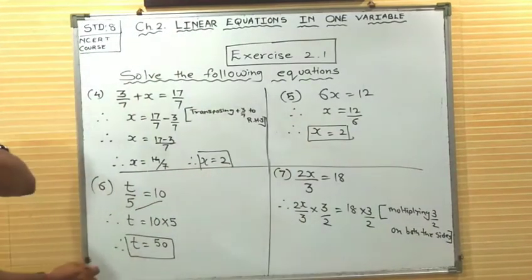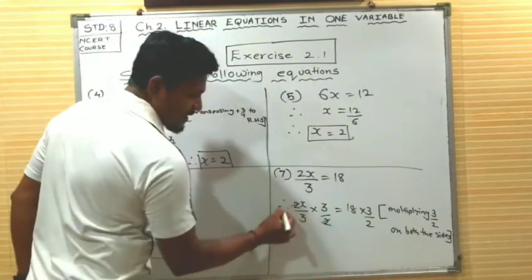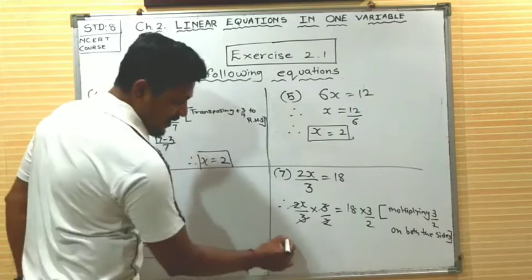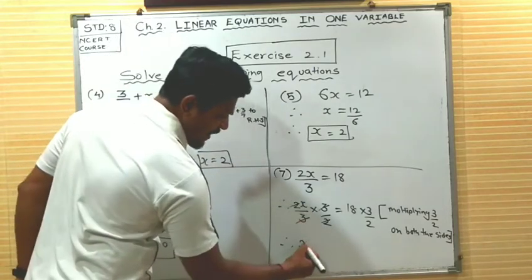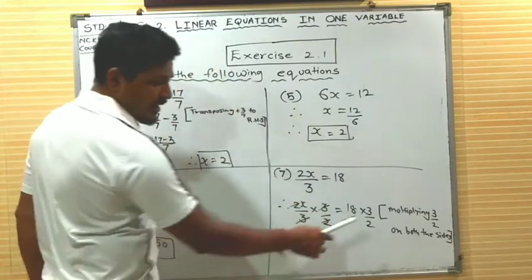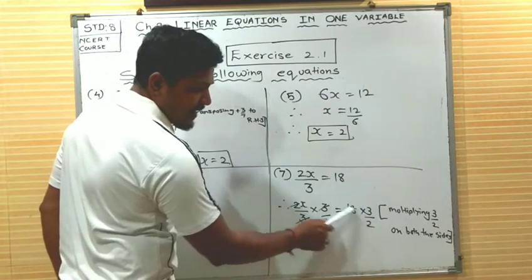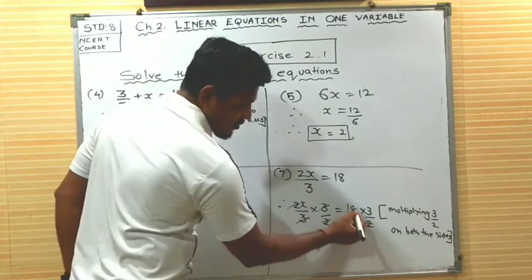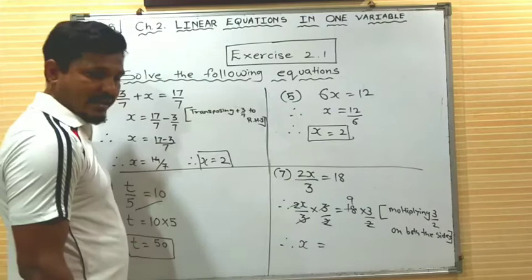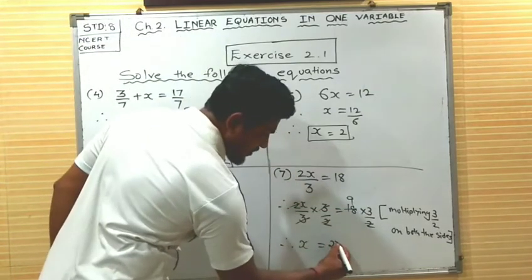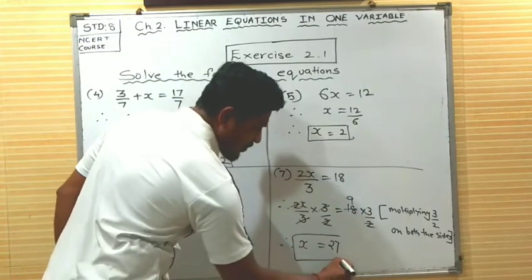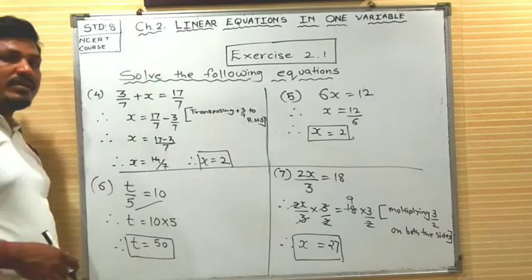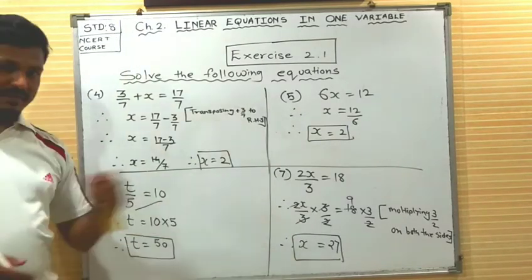Now while doing so, 2 and 2 will get cancelled, 3 and 3 will get cancelled. Finally we got the value of x as, now see here on my right, whether it is possible to cancel, yes. 2 9s are 18 and 9 3s are 27. This is how you will get the value of your variable, that is 27.